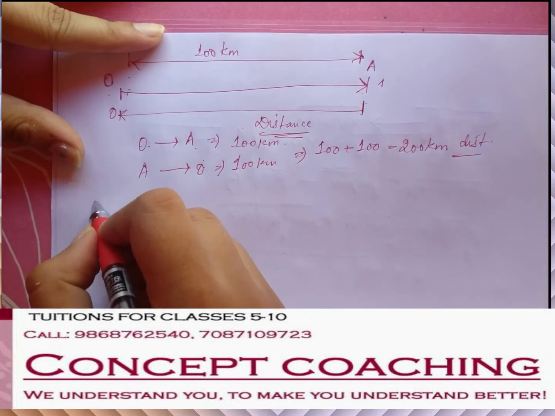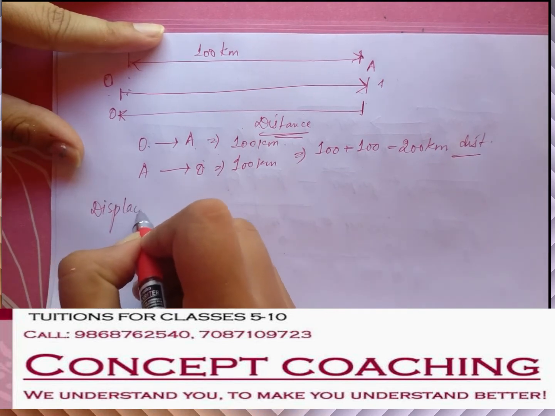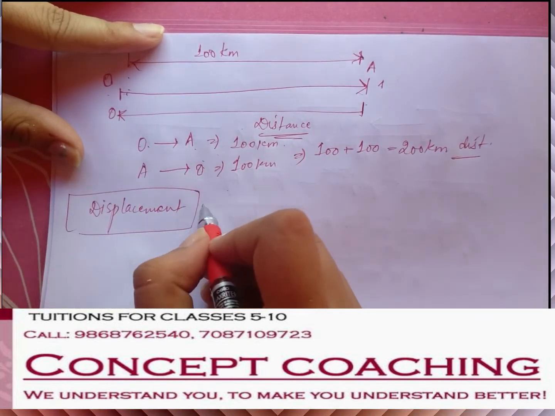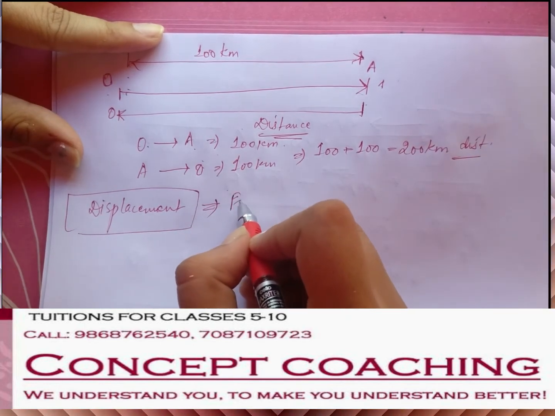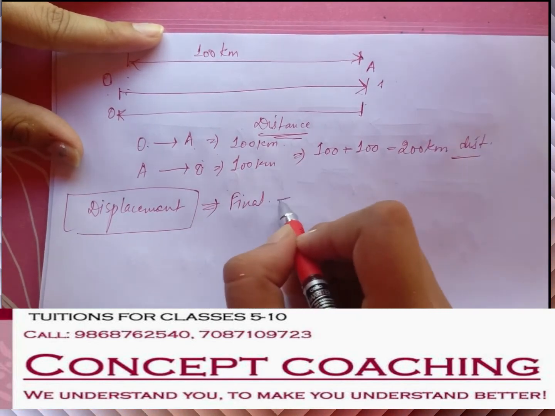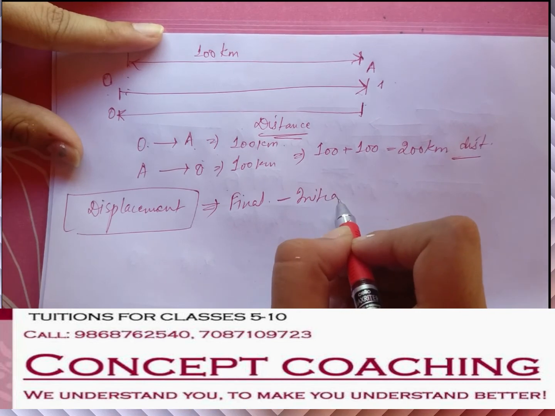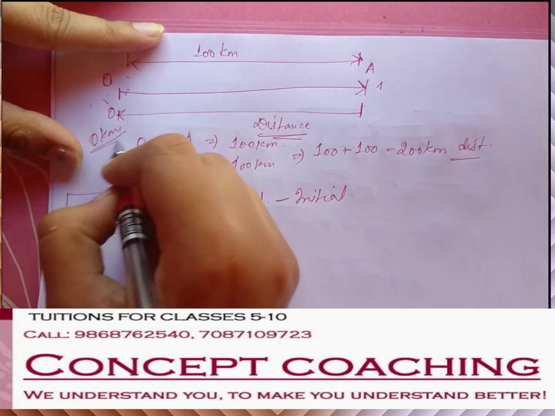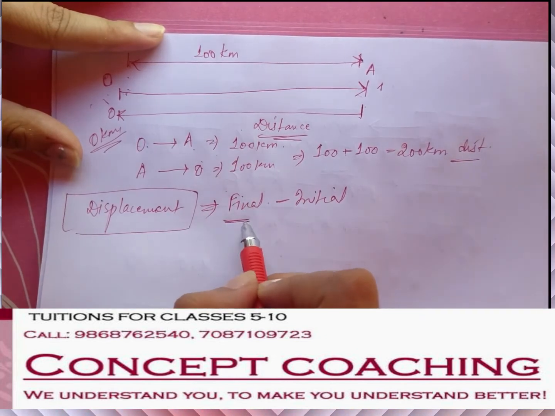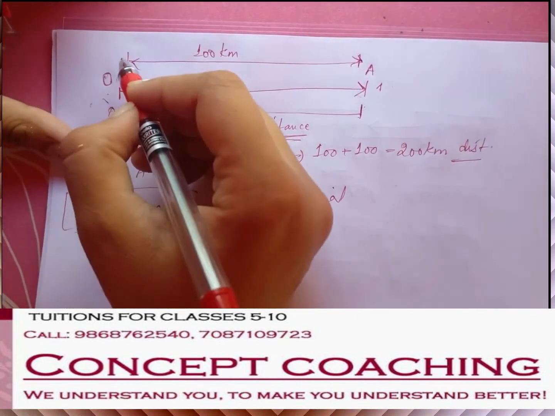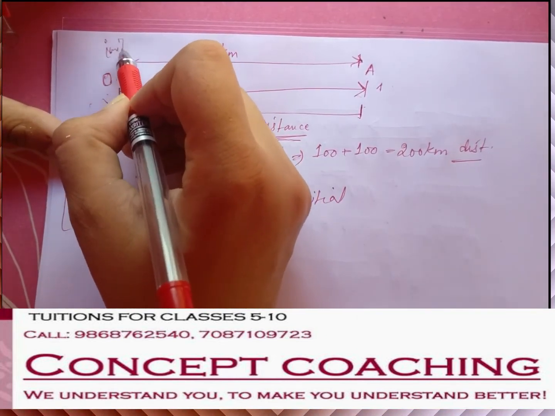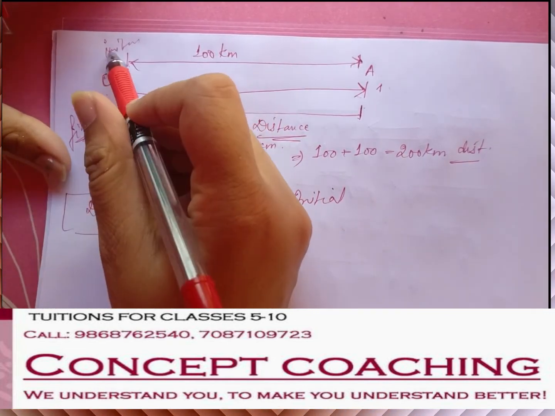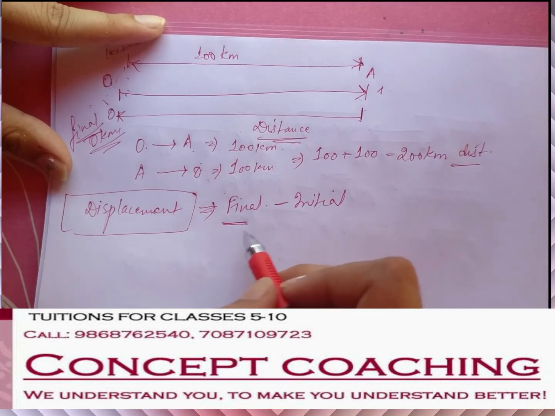But what about displacement? As we know, we subtract the initial value from the final value. Our initial value was 0 kilometers, and the final point of our object is also 0.